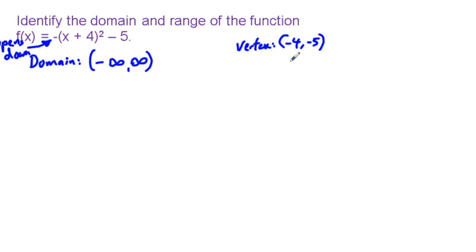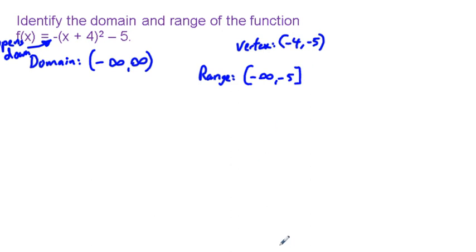And since we're opening downward, our range is going to be greater than negative infinity all the way up to a maximum of negative 5. And how do we write that? We're actually included at negative 5, so we can bracket that off.